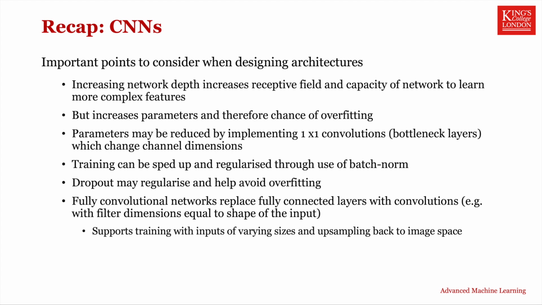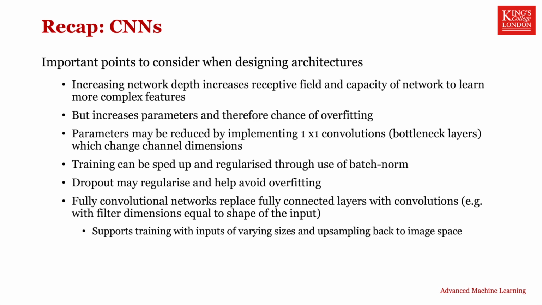So we've already seen some strategies for combating this. For example, use of one-by-one convolutions to reduce the channel dimensions in so-called bottleneck layers, batch normalization to stabilize and speed up training, dropout for regularization. However, we will look at more strategies this week, specifically residuals.